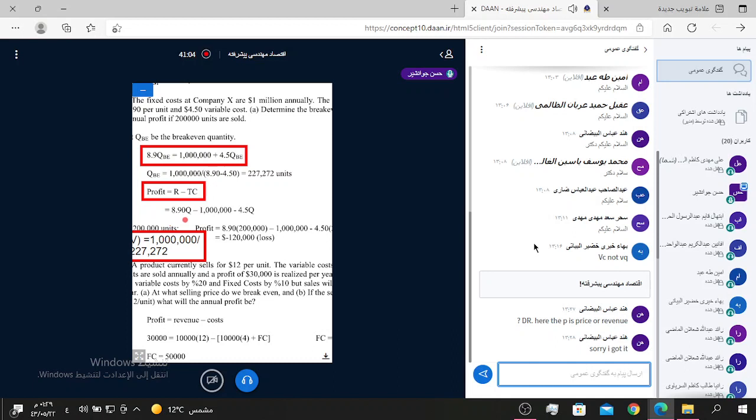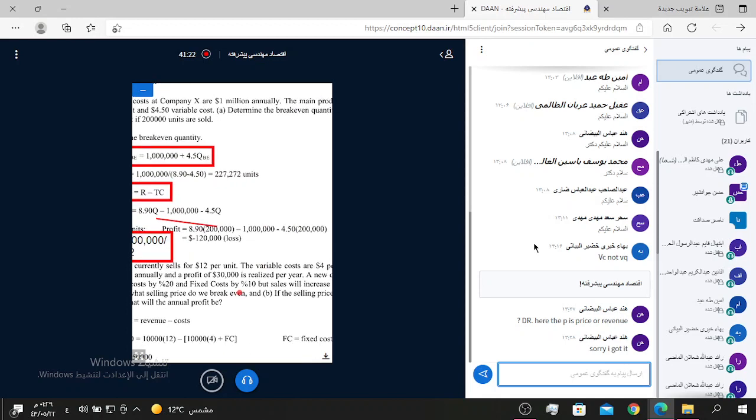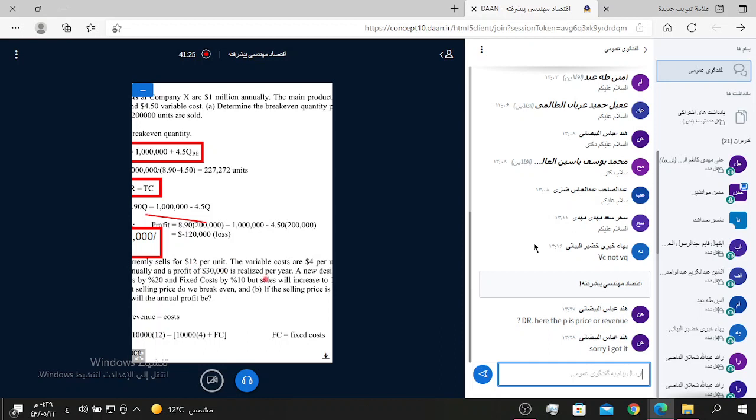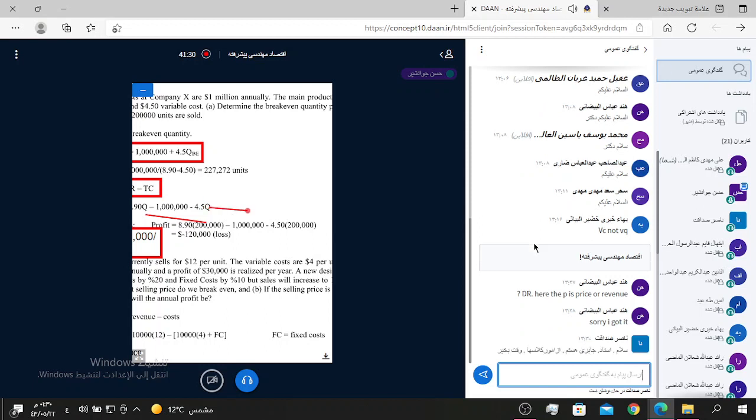Profit is R minus TC; replace Q with this number, and you can find this profit. Minus means it's a loss.